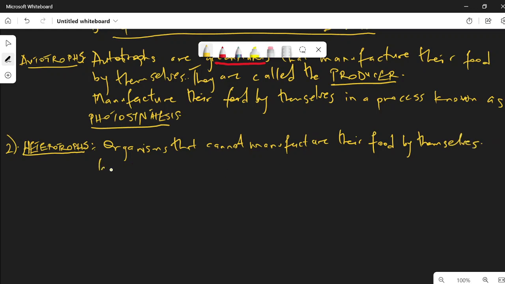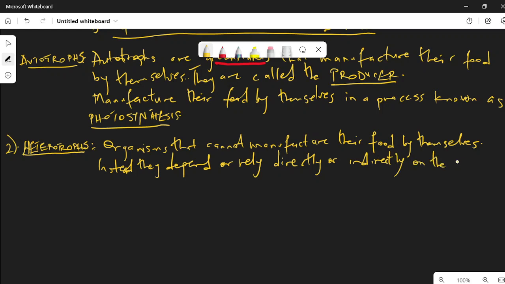Instead, they depend or rely directly or indirectly on the autotrophs.